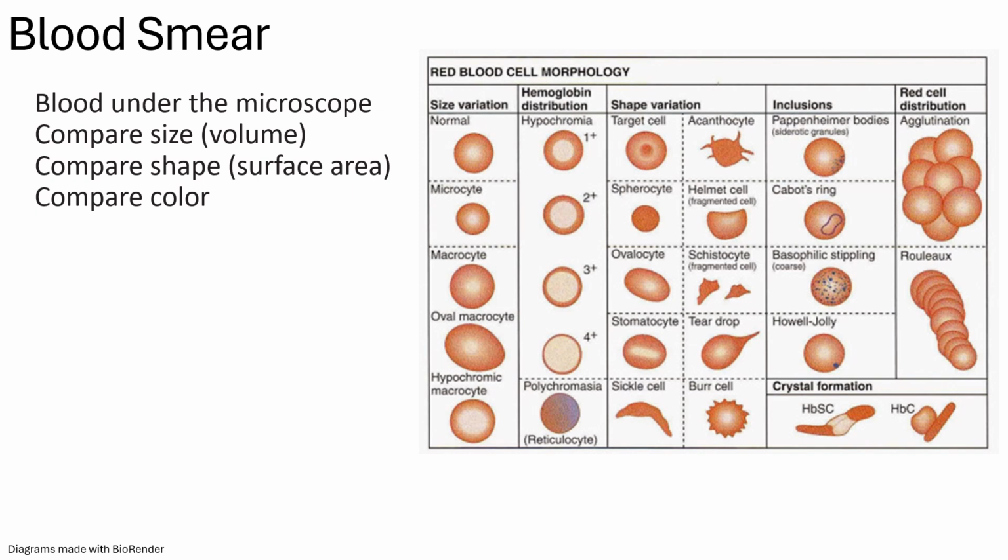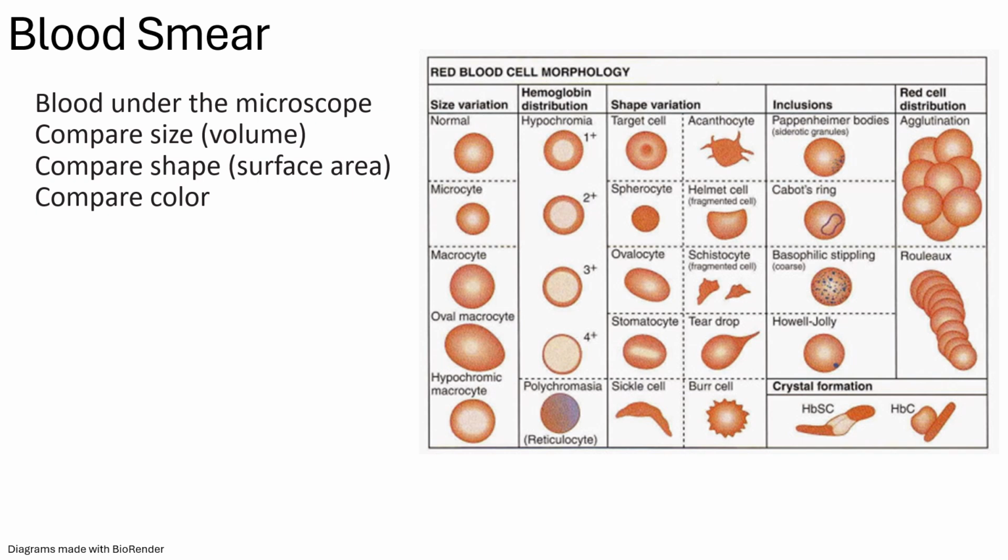We can tell these things by the mean corpuscular volume, but we can also tell these by taking what's called a blood smear, which is simply taking blood, smearing it on a glass slide, and looking at it under the microscope. Which of these items in this chart represent your patient's blood? Just as you would take blood pressure and heart rate, you need to also look at the red blood cells.